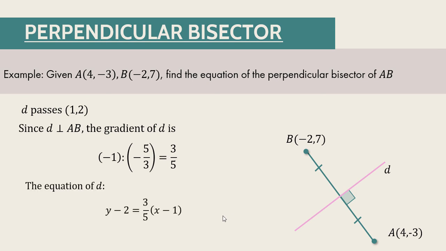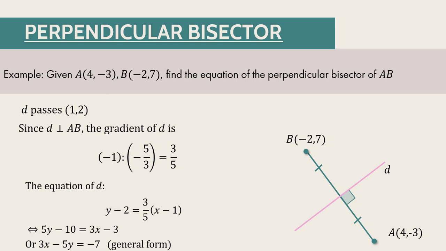The equation of D: first I apply the point gradient form, y minus 2 equals 3 over 5 times (x minus 1), and by some transformations we obtain 3x minus 5y equals -7, which is the general form, most preferred, I believe.